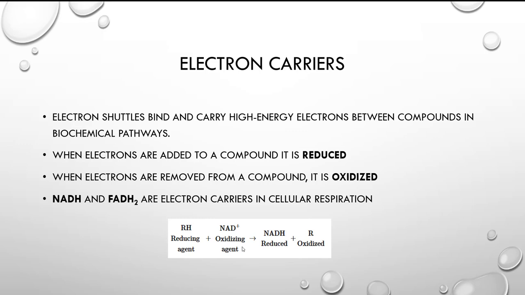I want to bring up these electron carriers because you will see them throughout this video, the next video, and the video after that. NADH and FADH2 are considered electron carriers. In this form, they're carrying electrons. When they're NAD+ or FAD, they are not carrying electrons. So just be aware of those.